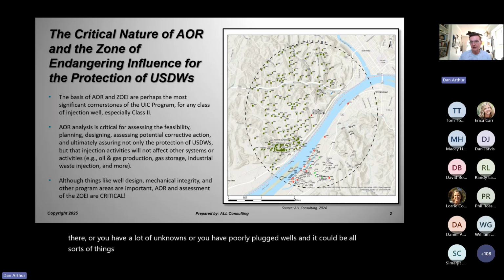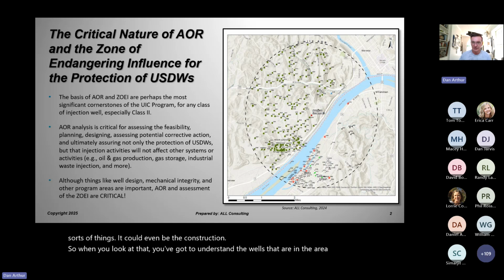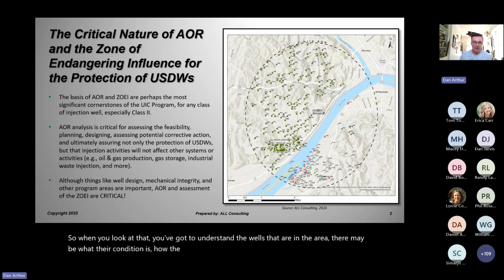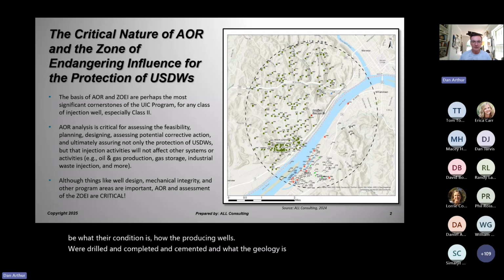It could even be the construction. So you've got to understand the wells that are in the area, maybe what their condition is, how the producing wells were drilled and completed and cemented, and what the geology is doing, and potential underpressurized zones, overpressurized zones.